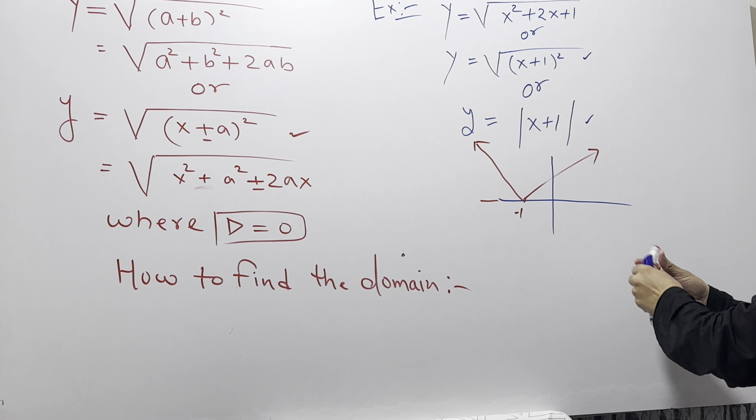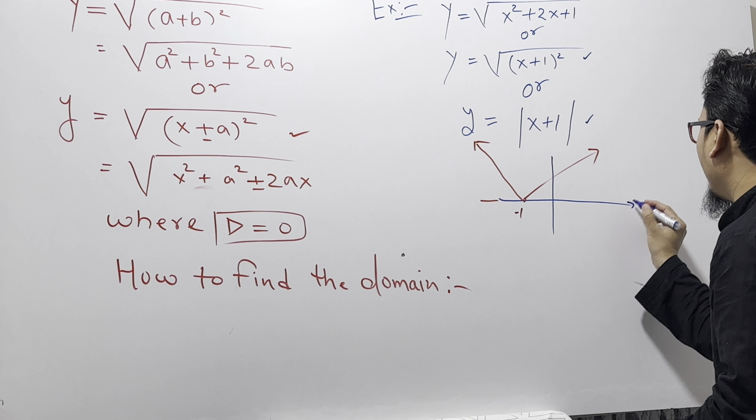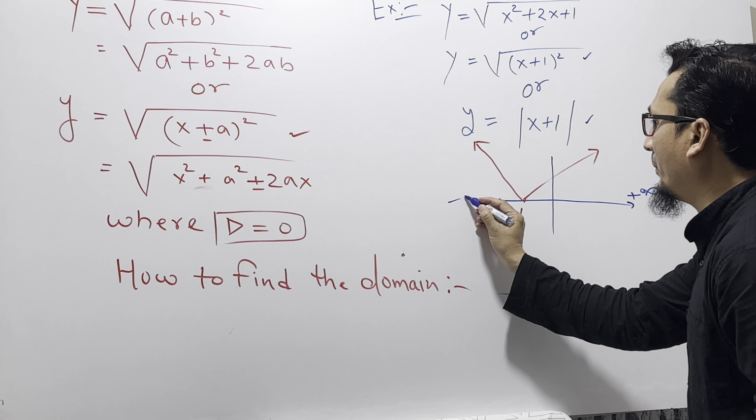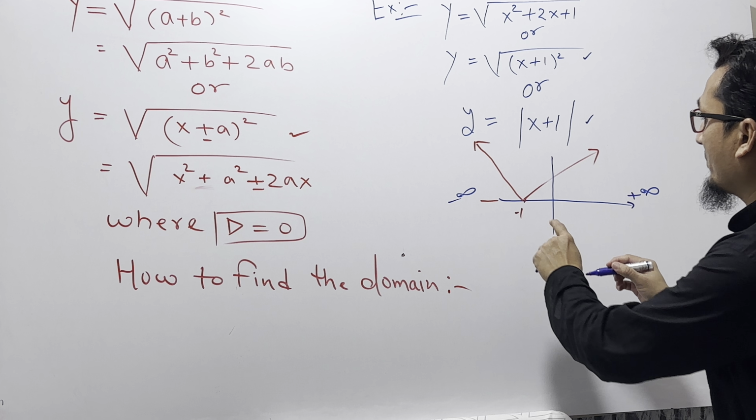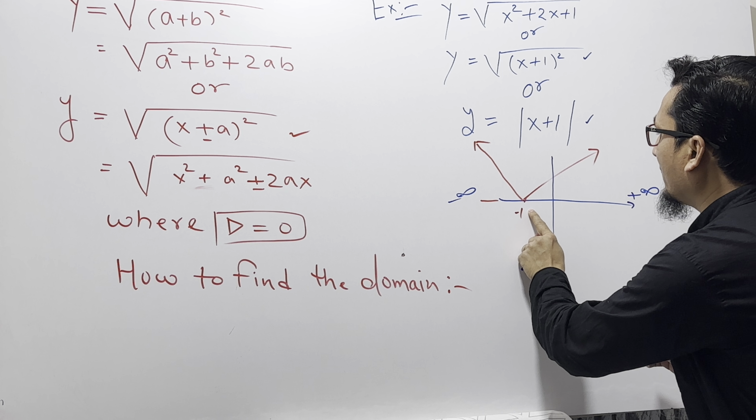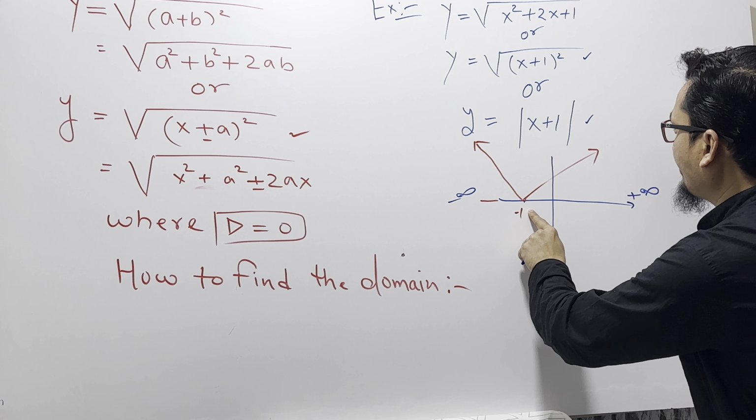So my question is, if you go this side, to positive infinity or minus infinity, right? If x is greater than minus 1, then you have this part of the graph. Whenever x is less than minus 1, you have this part. It means from minus infinity to positive infinity, you can give any value of x and y always exists. There is no value of x where you plug in and y does not exist.